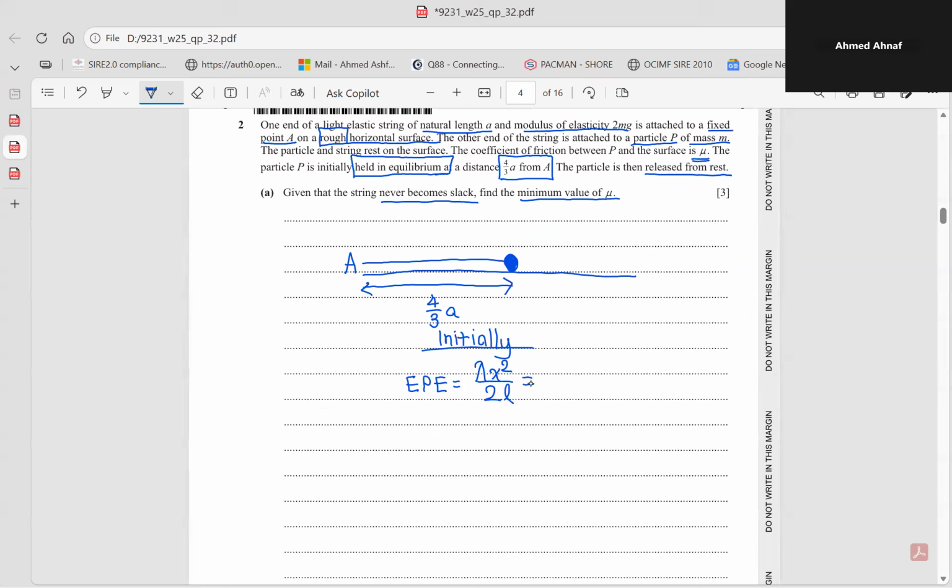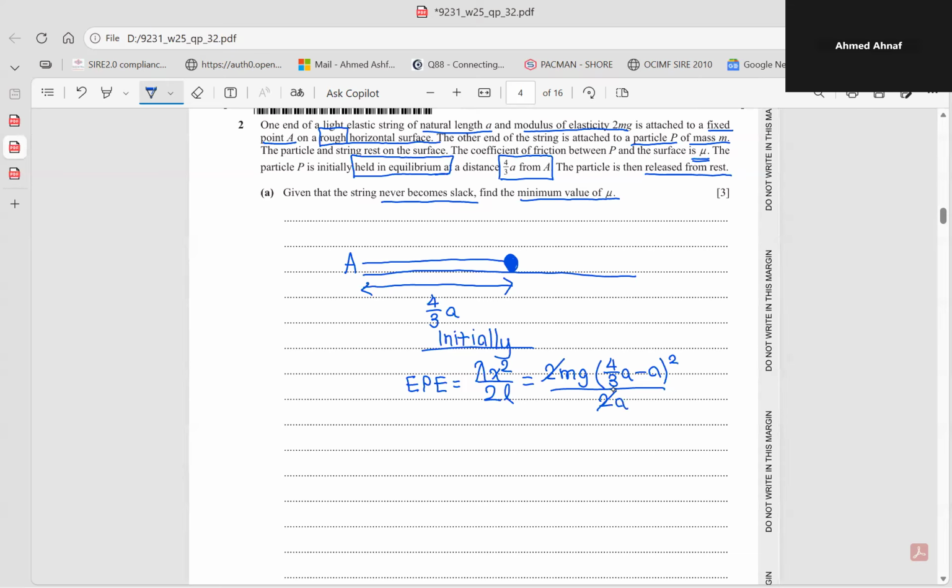So lambda is 2mg, and x squared is, we're already given the length of the string, so 4 over 3a minus the natural length a, squared, over 2a.